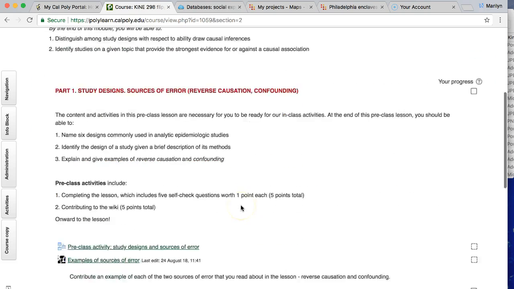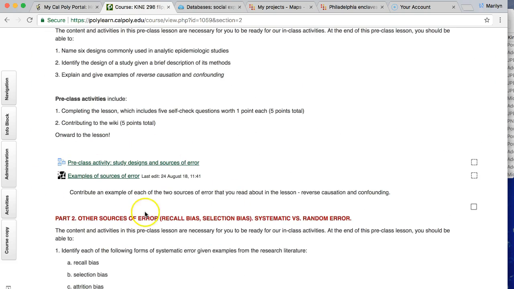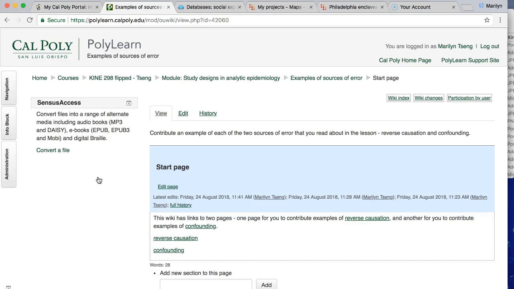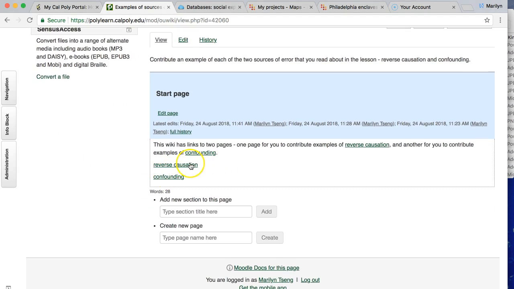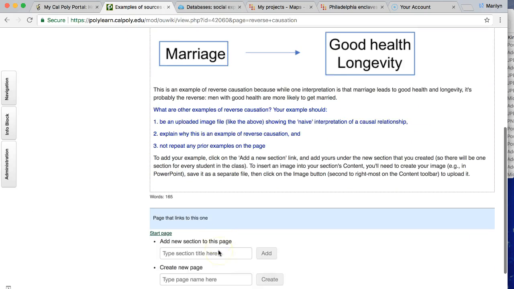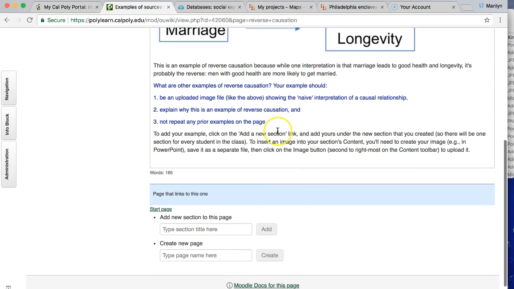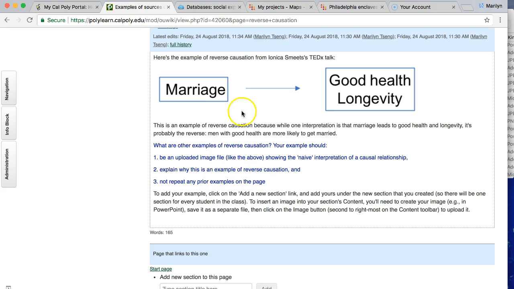After that, as part of their formative assessment, there's a wiki where they would give their own examples of sources of error. I've created 2 different pages for this. One is reverse causation, and I give them instructions on how to add and explain their own examples of reverse causation.